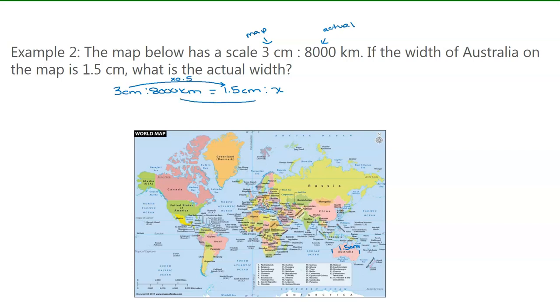So in order to find x, we just need to multiply 8,000 by 0.5. So we'll do that here. 8,000 times 0.5 is 4,000. So I'm going to say that the actual width is 4,000 kilometers.